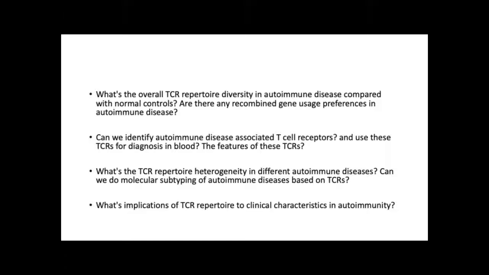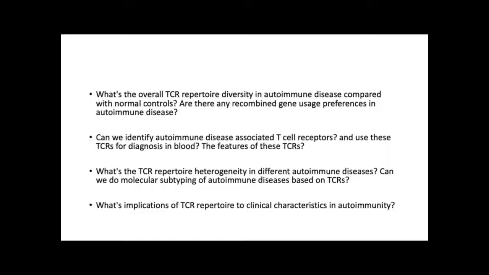And what are the features of these T cells? We also want to look at the molecular heterogeneity of the T cell repertoire in different autoimmune diseases, and whether we can use it to do molecular subtyping of these diseases. And then what's the implication of this T cell repertoire as a biomarker?